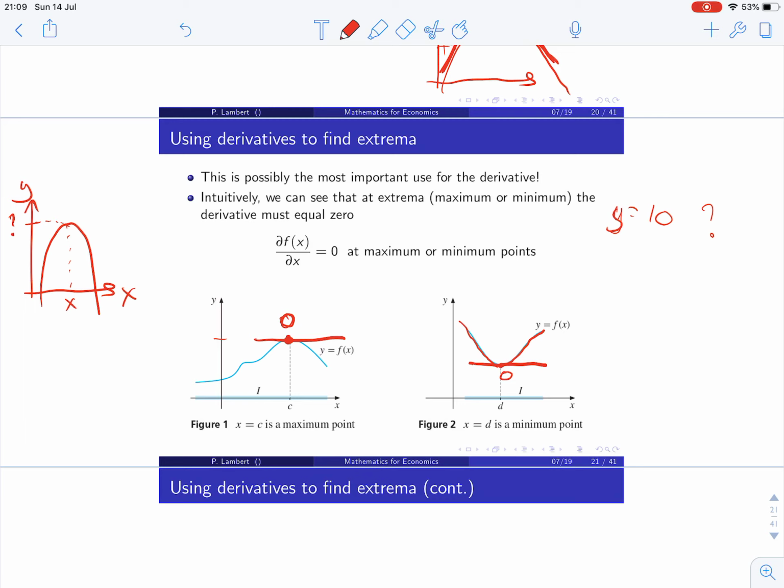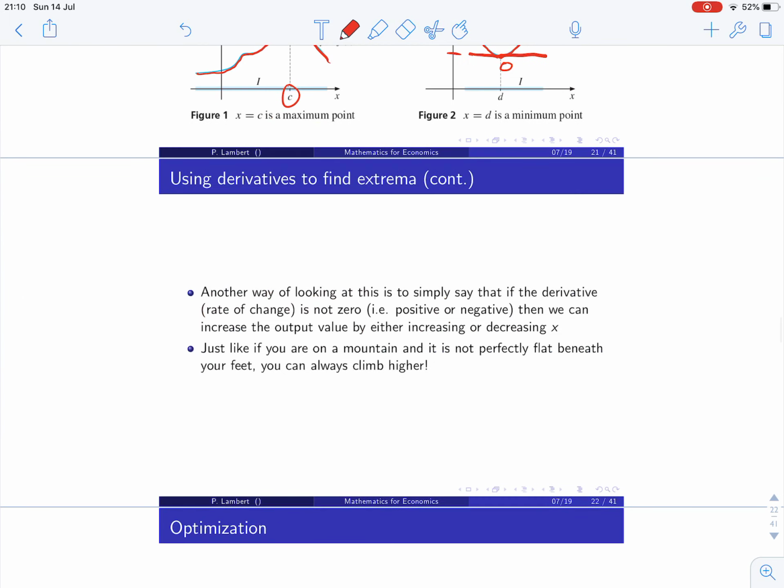So we know something about when our functions exhibit turning points, or maximum or minimum or extrema. We know that the derivative at that point is 0. So working backwards from setting a derivative equal to 0 and then solving for x can be very useful, because it can find the important points in our function that map into maximums and minimums. Let's move on.